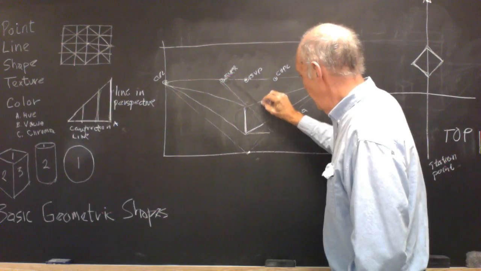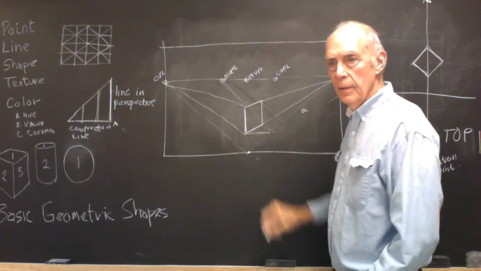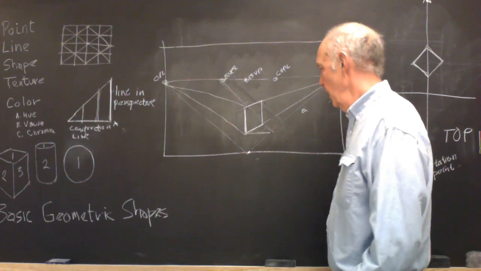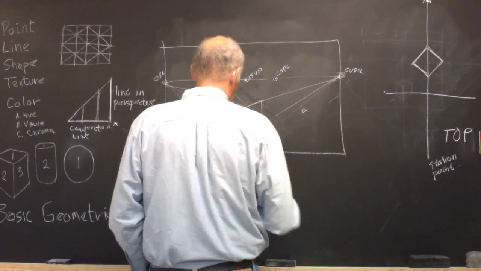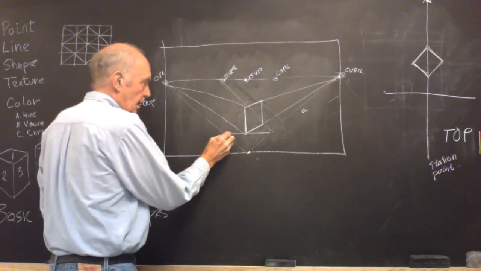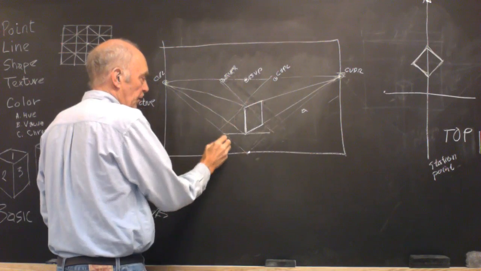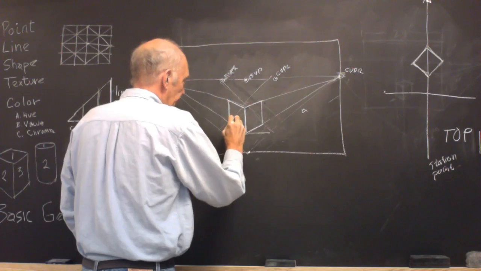Now, if I draw a vertical here, this is the perfect square in perspective. And if I do the same thing to the other side, and go to this construction vanishing point over there, this is the perfect square over here in perspective.